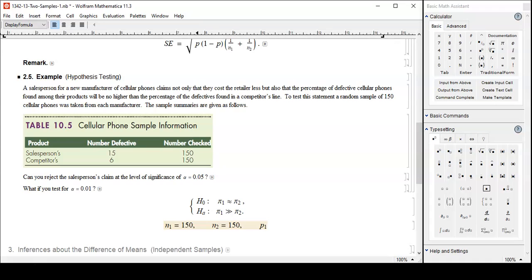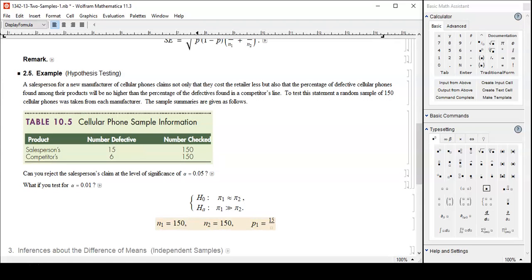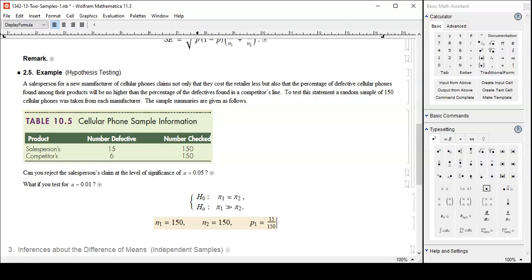Now the first proportion, the defective proportion, is 15 out of 150. And that's 10%, isn't it?